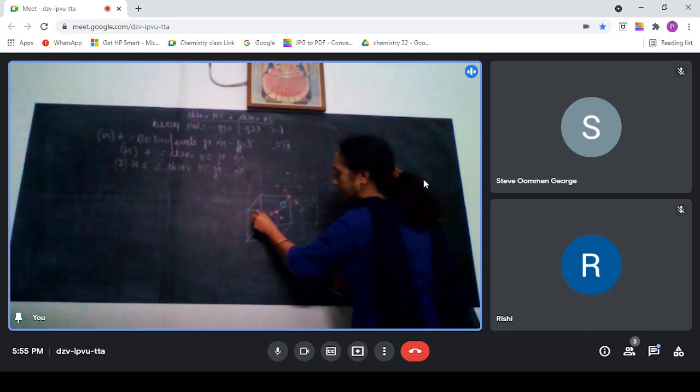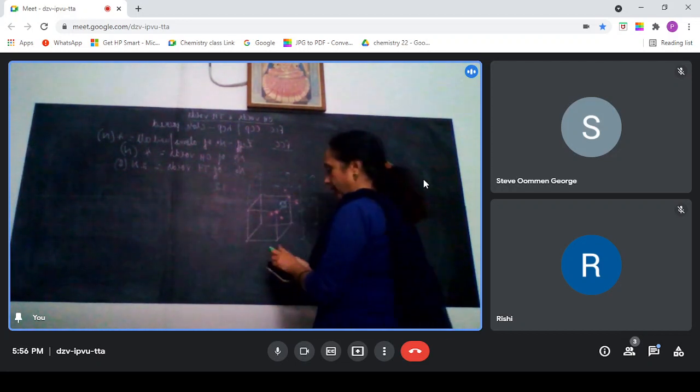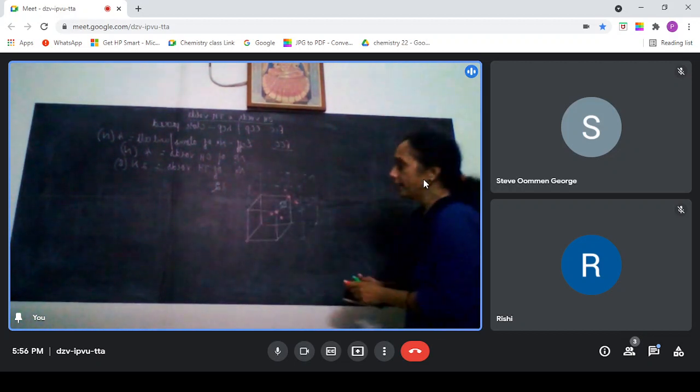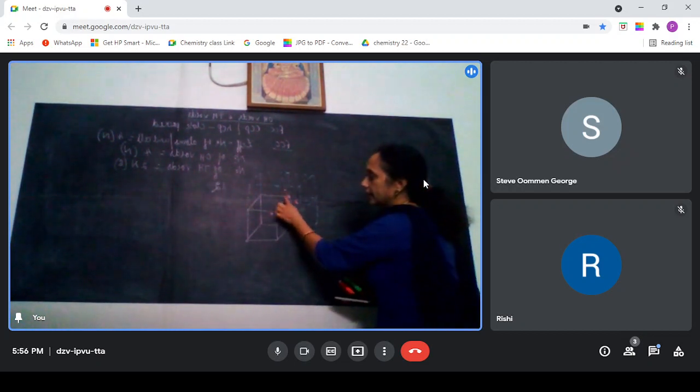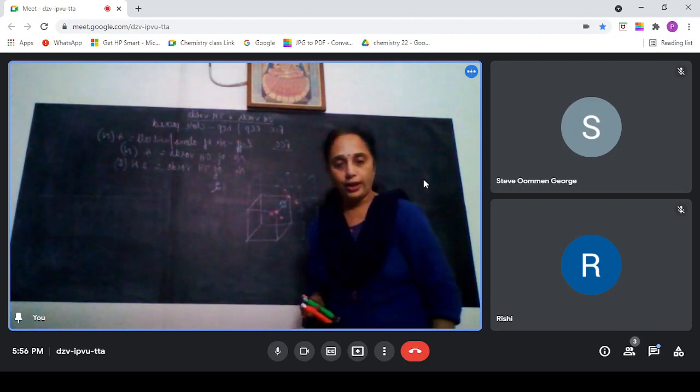These are the edge centers. A cube will have 12 edge centers, and at the center of all the edges you will have one octahedral void.